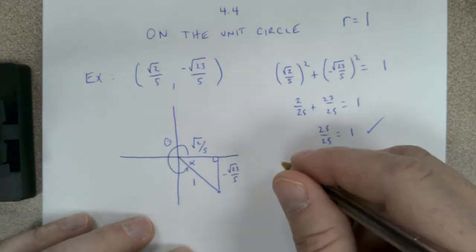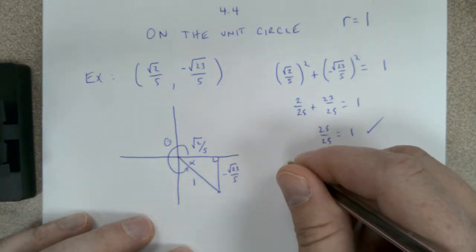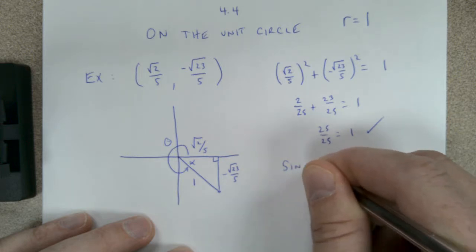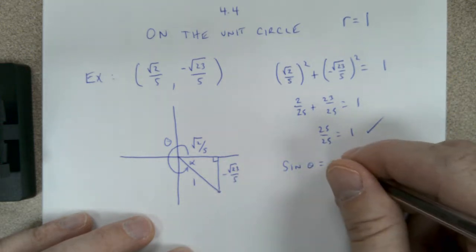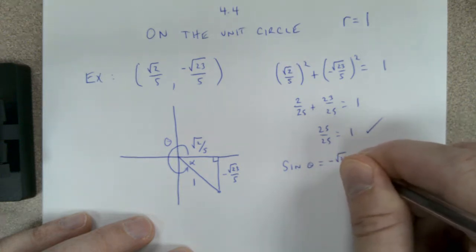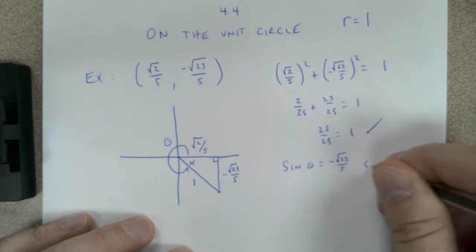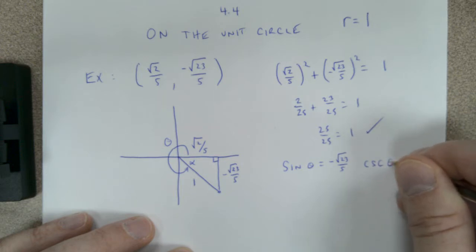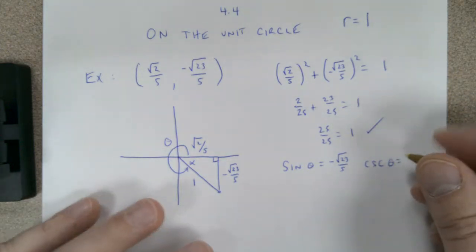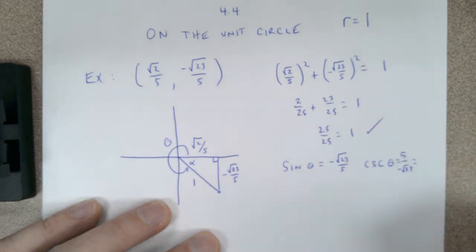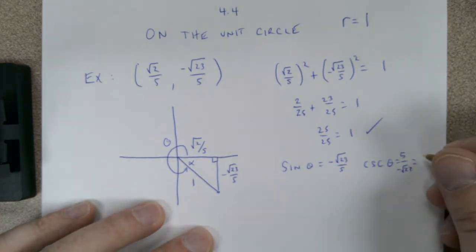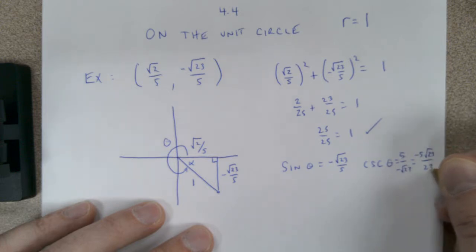So technically, as I'm finding here, the sine of theta, the opposite over the hypotenuse, gives me negative radical 23 over 5. My cosecant theta is the reciprocal, so if I do 5 over negative radical 23, that simplifies to negative 5 radical 23 over 23.